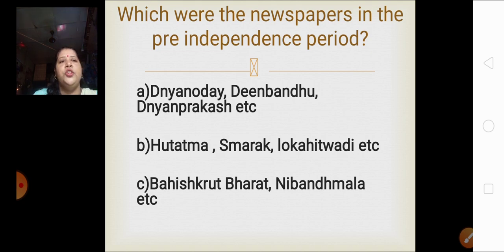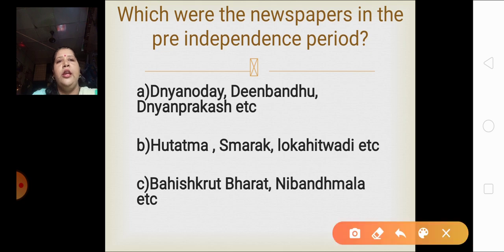That is option A. Click on option A. This is the way you are going to solve the unit test paper. Understood, children? And before that, we are going to have even the mock test, in which you will get a thorough experience about how you are going to do the unit test exam.